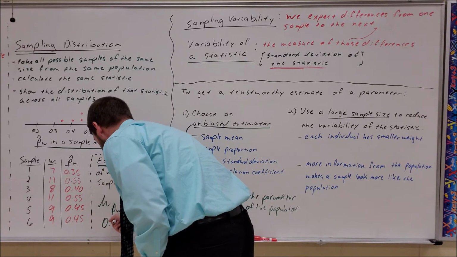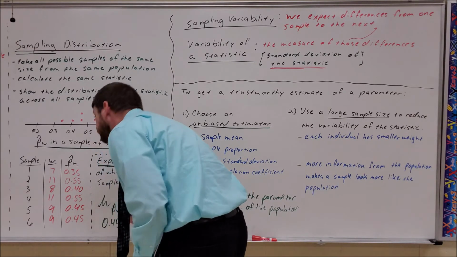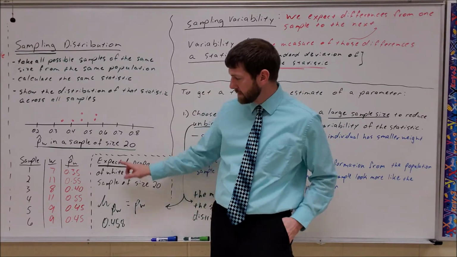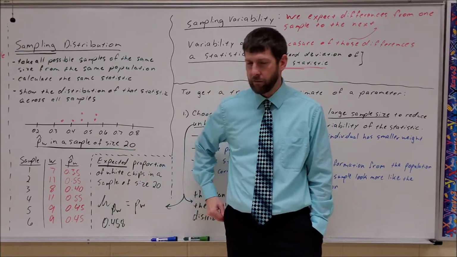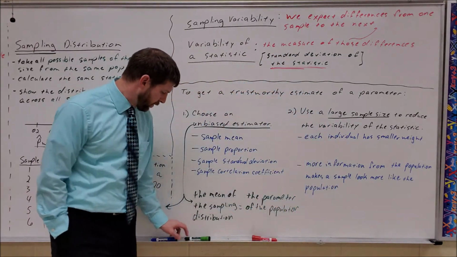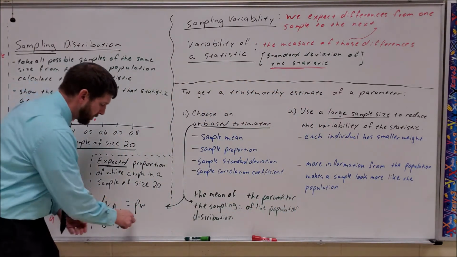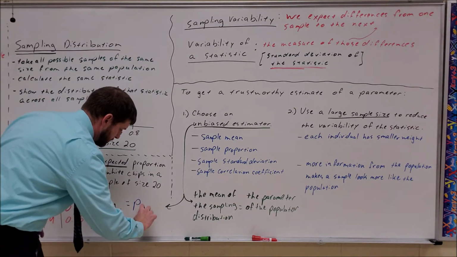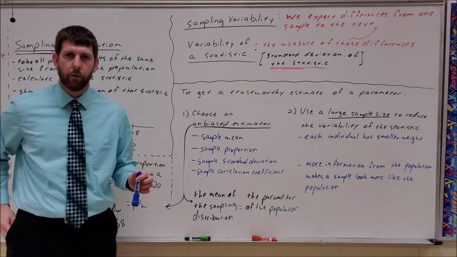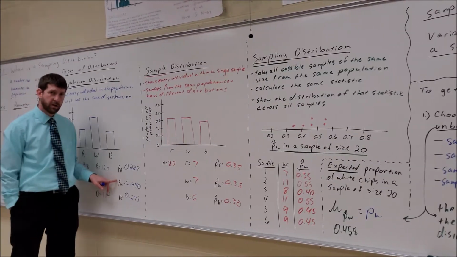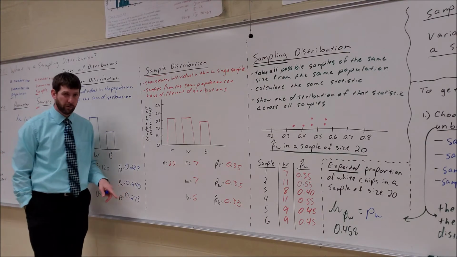0.458. So 0.458 is the expected proportion of white chips based on those few samples I've done. Well, if we want to compare that to what's actually happened in our population, if we look back, the proportion of white chips in our population was 0.44.